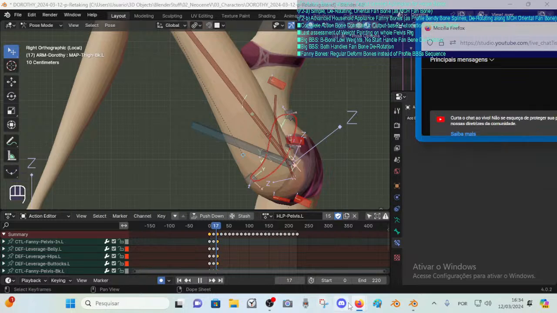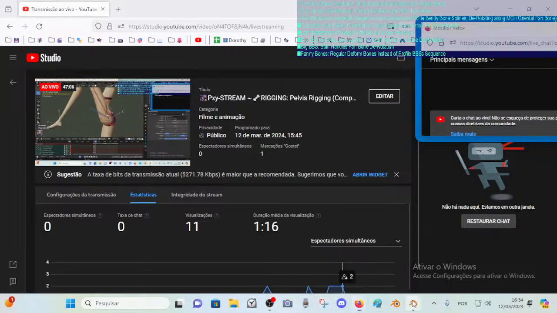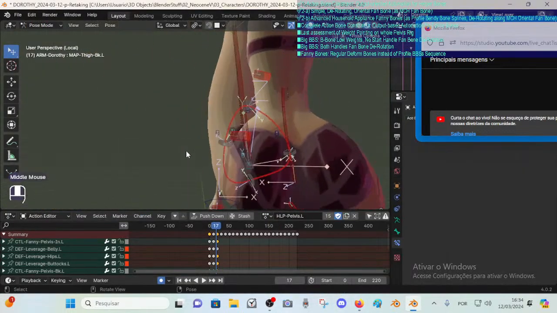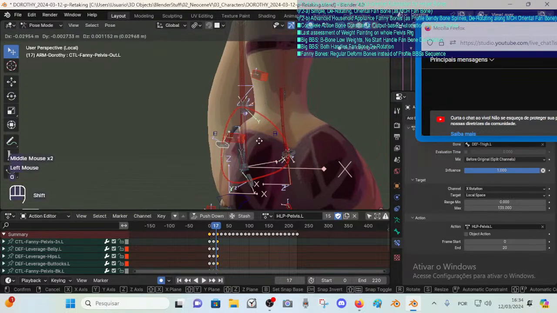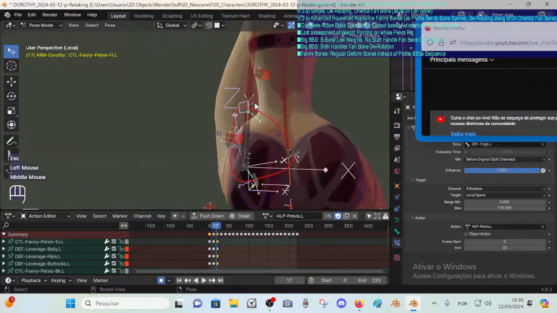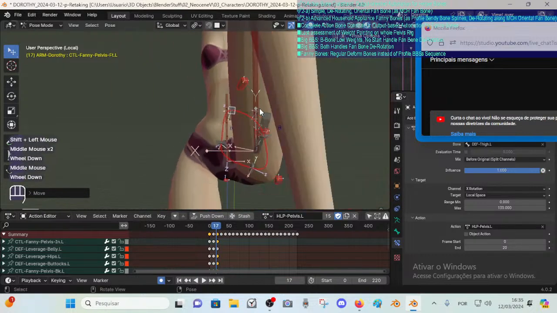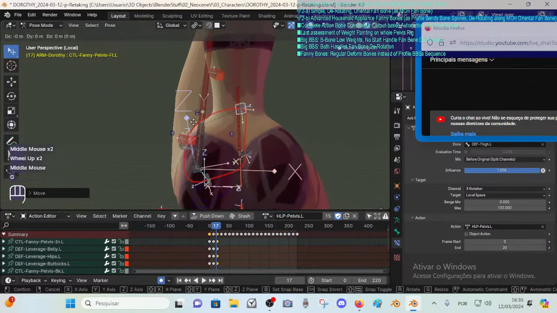Let's see if we got more stuff here. I must be careful about these shapes. That's good. That's okay. And here, it's difficult.